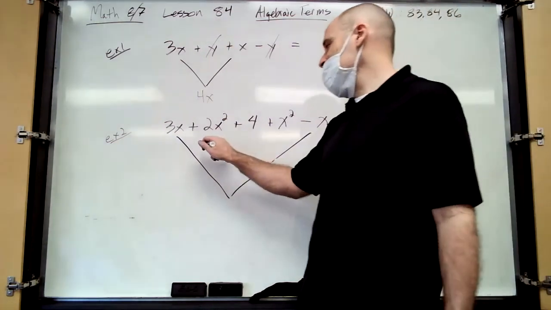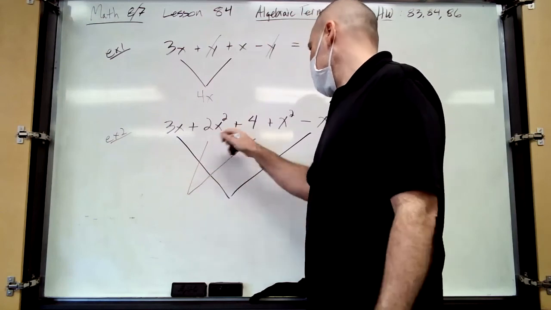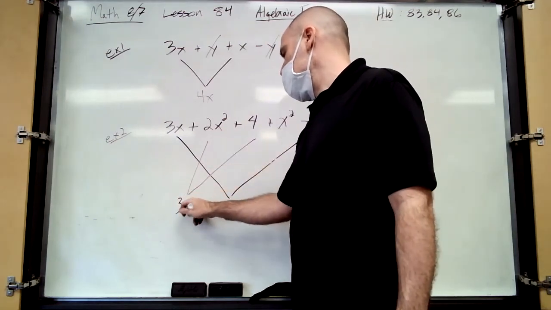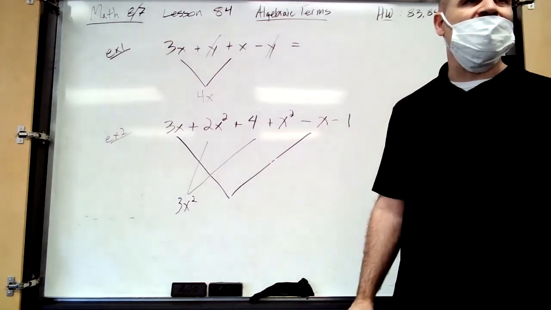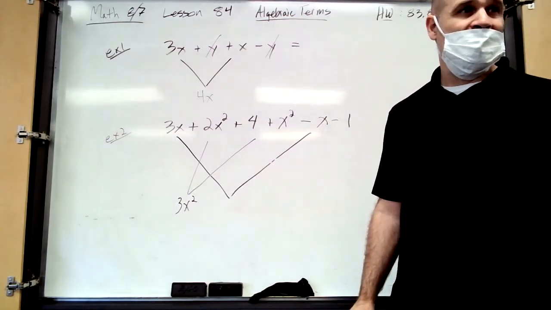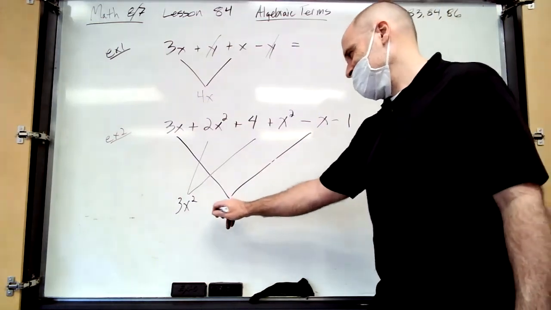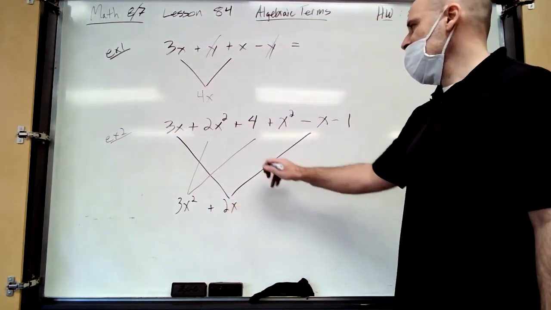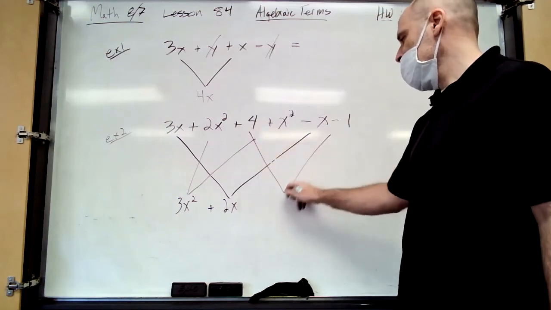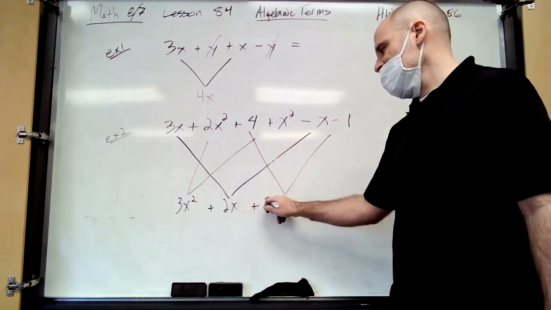So what are we left with? So we've got 2x squared and x squared. That's 3x squared. What's 3x minus x? What's 3 Americanos minus an Americano? It's 2 Americanos. And then you've got the 4s. 4 minus 1 is 3.